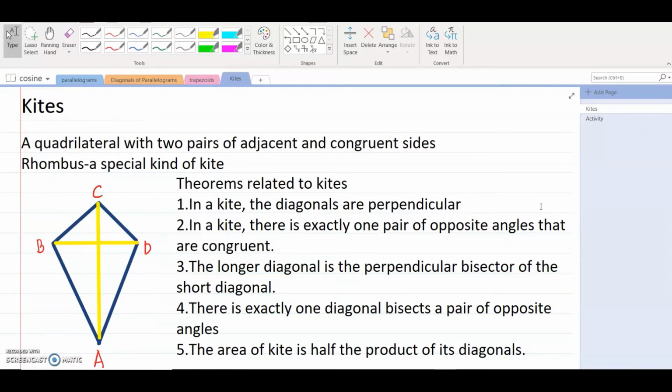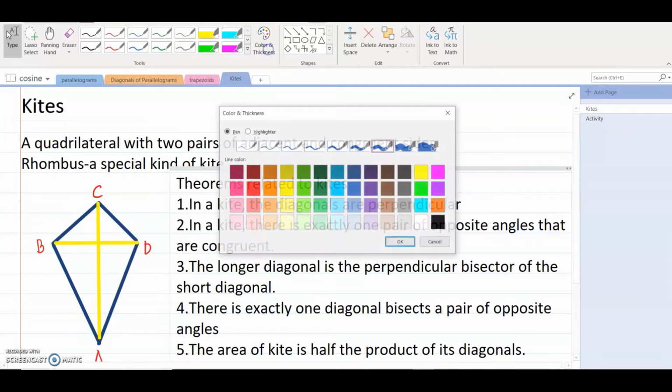So let's proceed. A kite is a quadrilateral with two pairs of adjacent and congruent sides. If you can see here, this kite has two pairs of that definition. Let's use the green one.